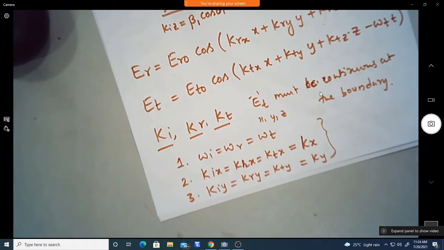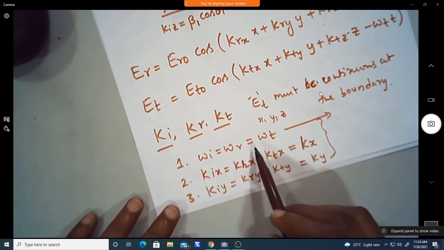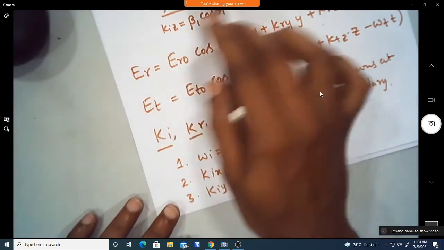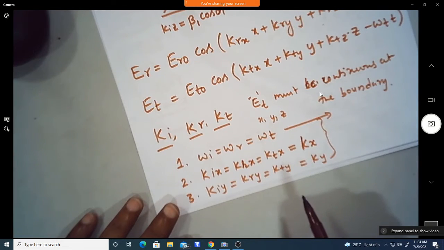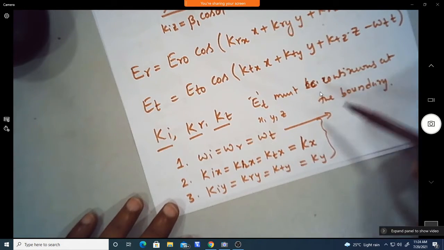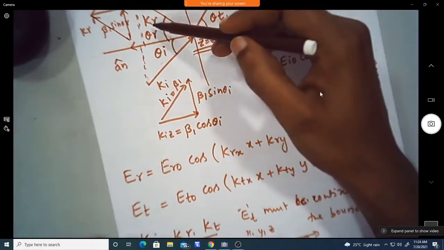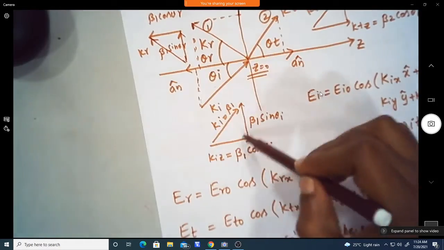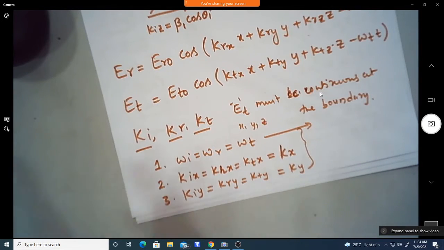So this implies that, as I said, the frequency should be unchanged, the same for medium 1 and medium 2. And conditions 2 and 3 require that the tangential components of the propagation vectors, that is ktz, krz and kiz, also should be continuous.